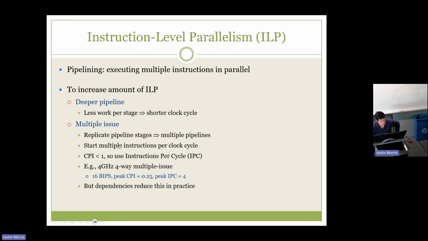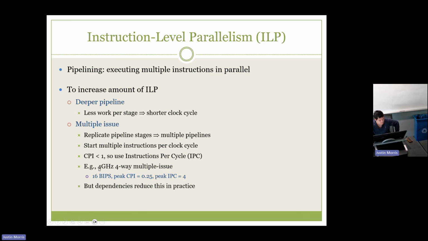And the other thing is, because of this, we no longer are looking at CPI, right? Cycles per instruction. Because we're fetching more than one instruction and executing more than one instruction, we start looking at our performance equation in terms of how many instructions per cycle can we do.